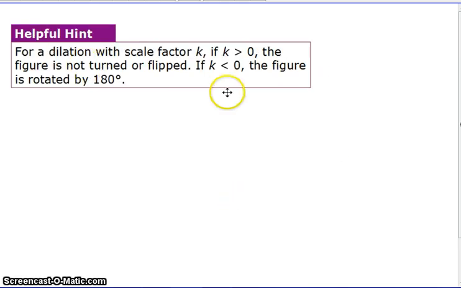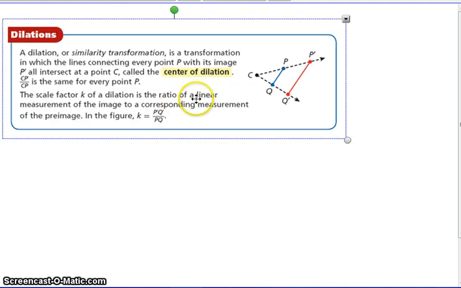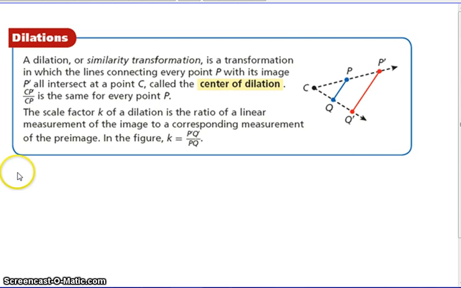So for a dilation with a factor k, remember it's multiplication, isn't it? If k is greater than 0, the figure is not turned or flipped. But if k is less than 0, if you're multiplying by a negative, then the figure will be rotated by 180 degrees.